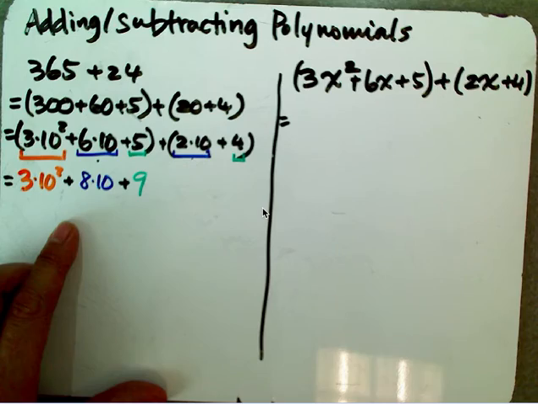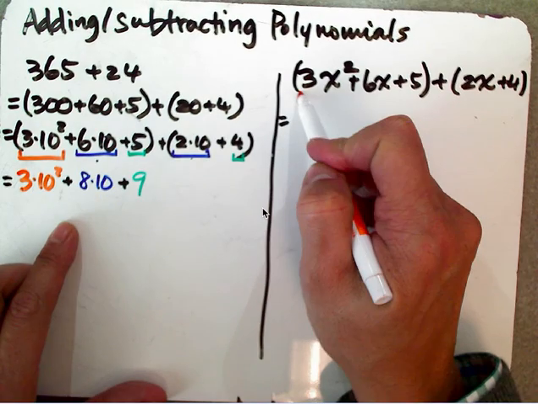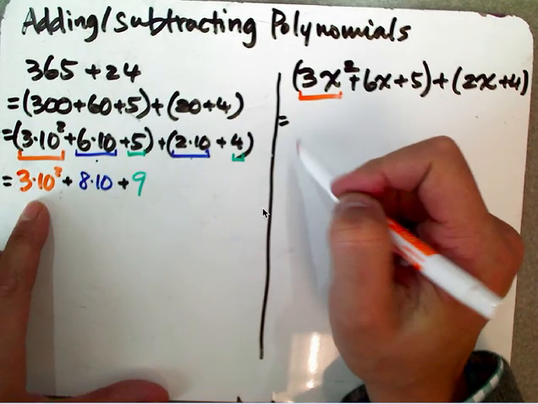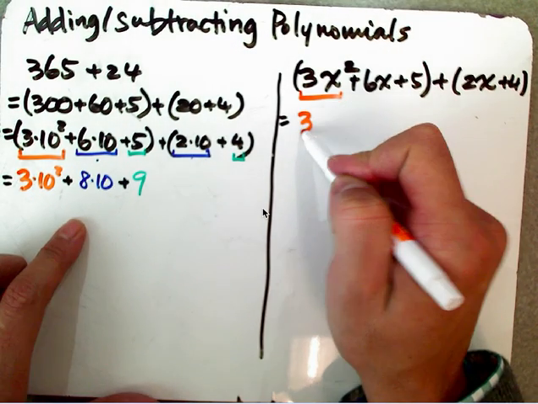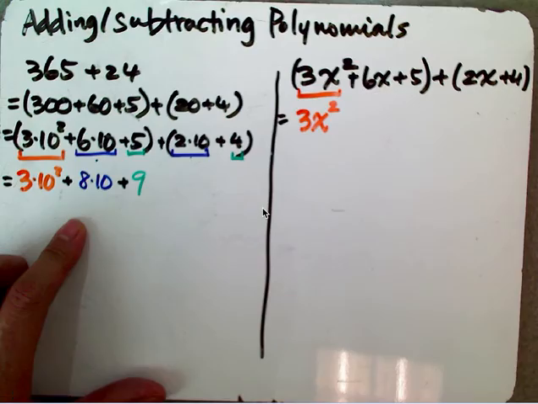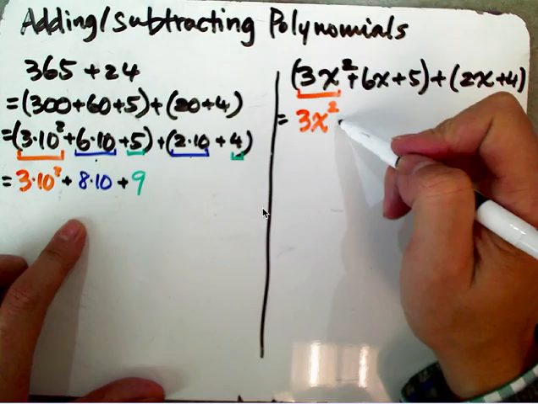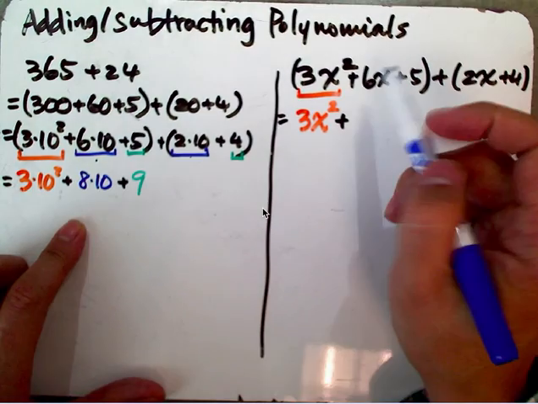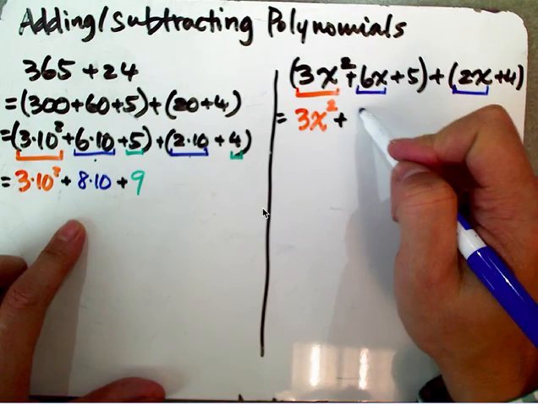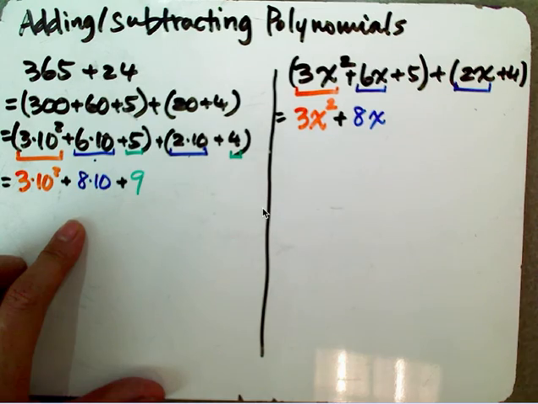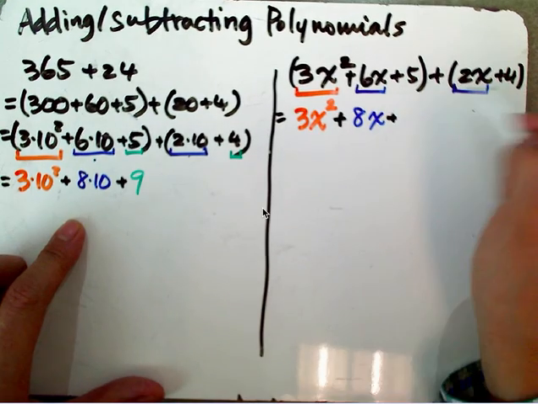This is going to be by itself. Instead of having 300s, we're going to have 3x squared plus 6x and 2x, that's going to be 8x's, plus 5 plus 4, which is 9.